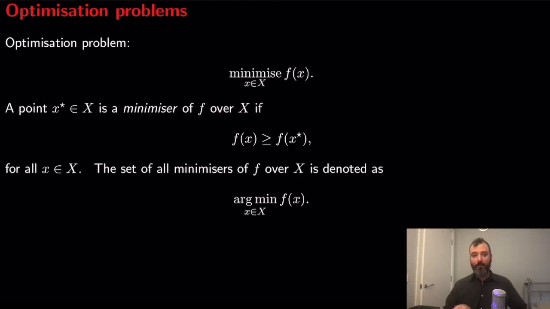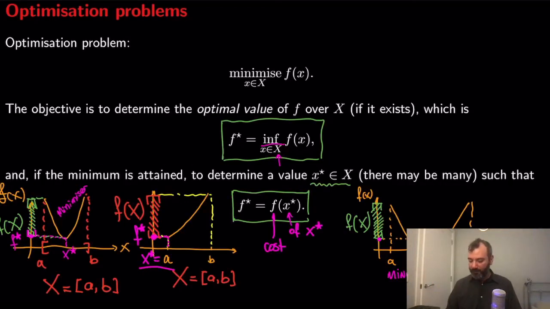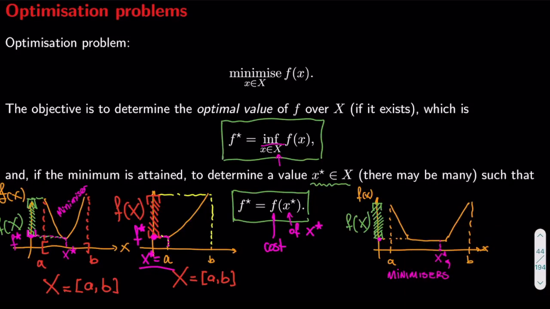And the set of all minimizers, because there might be many, is denoted like this, argmin. We say argmin is the set of all possible values x star. Because if we go back to this example here, you see that in this example we have many minimizers.